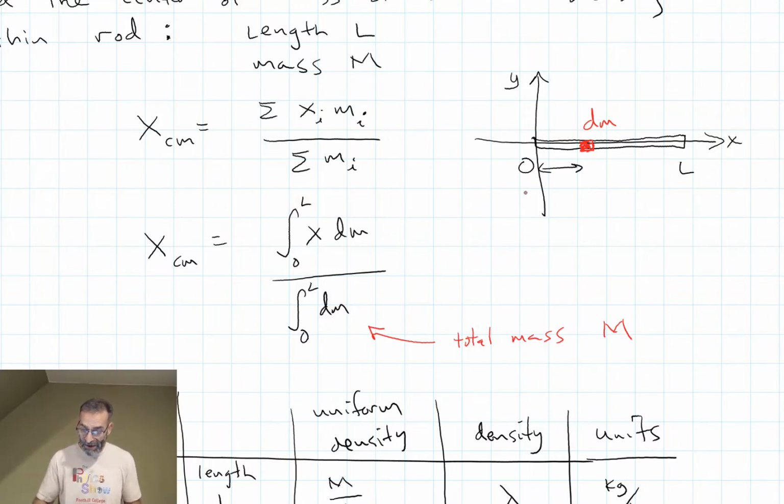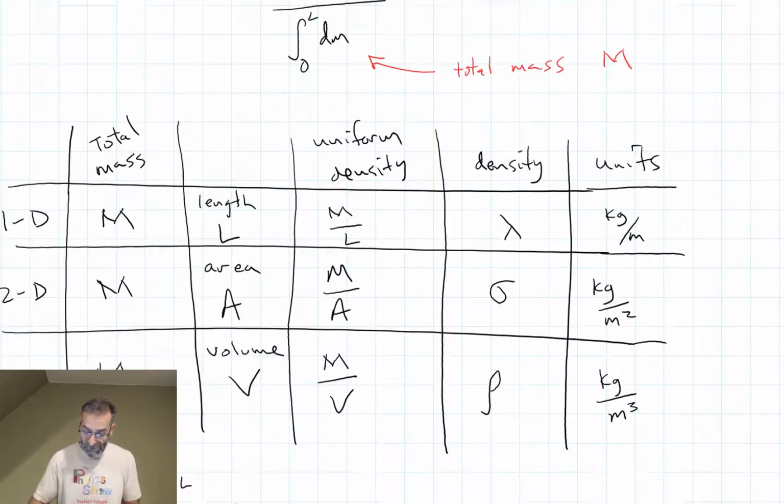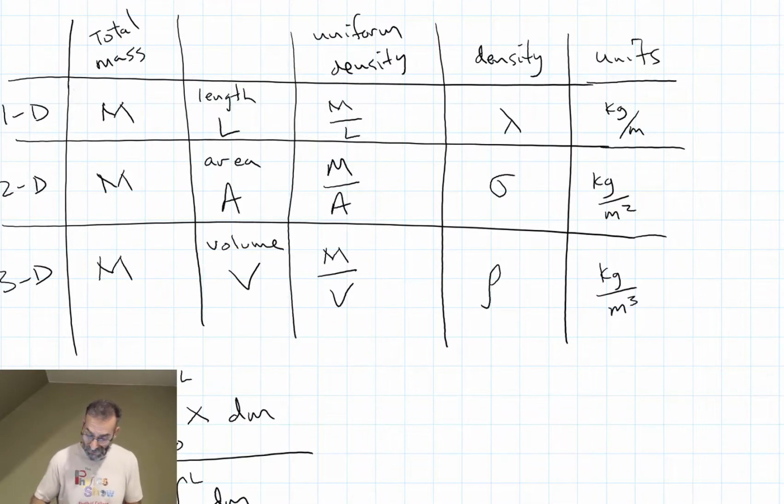That's what we're going to do here. If this is x, the location of dm along the rod is x, then its length is dx. So my dm is just some length multiplied by the mass density.